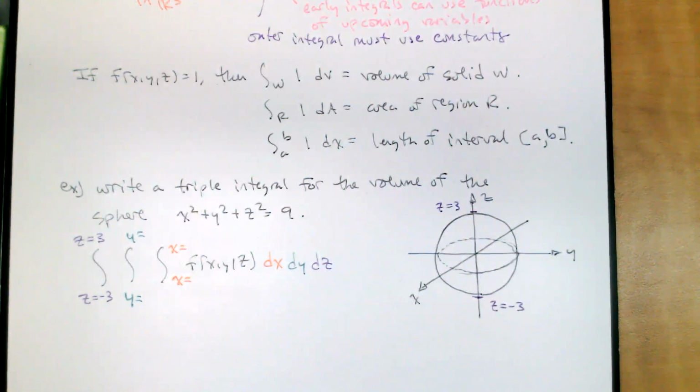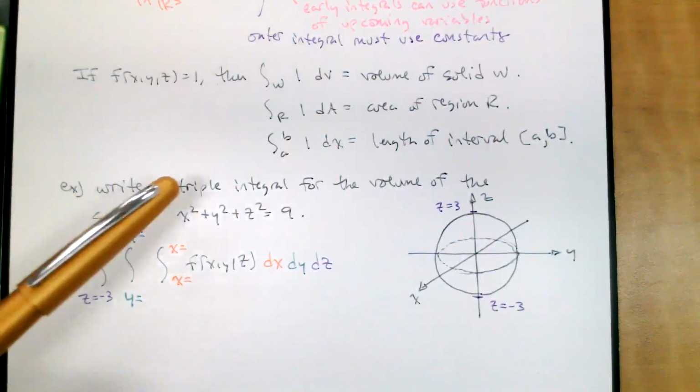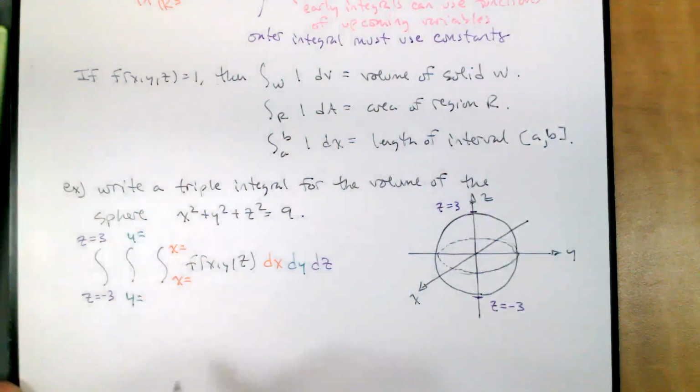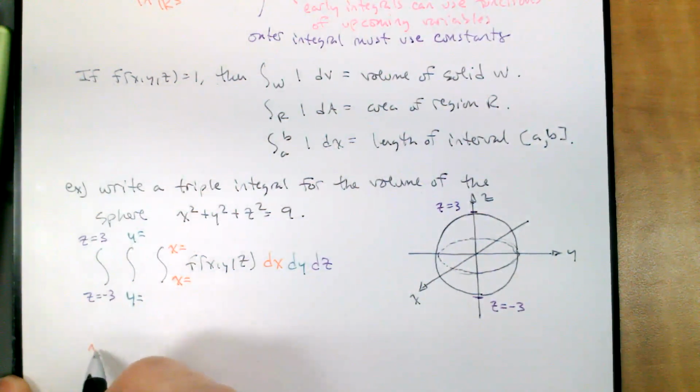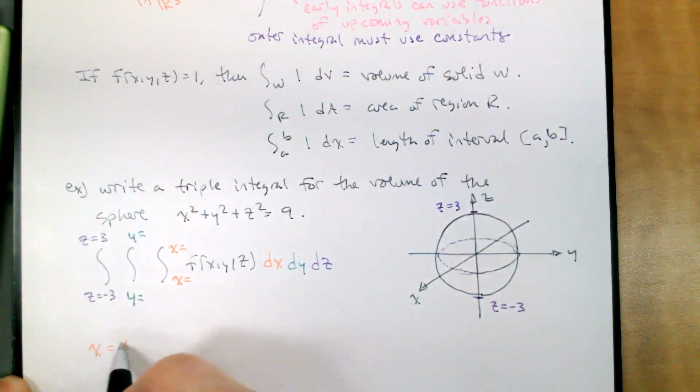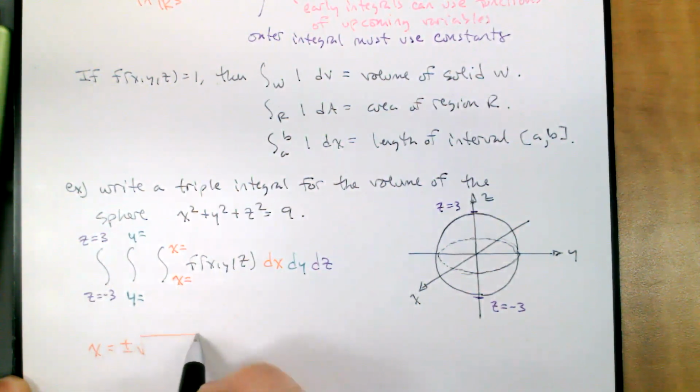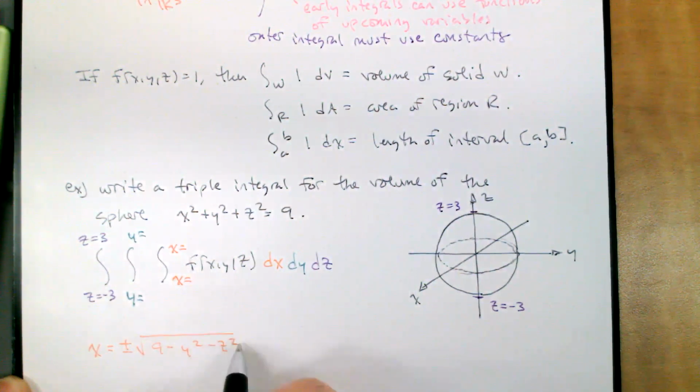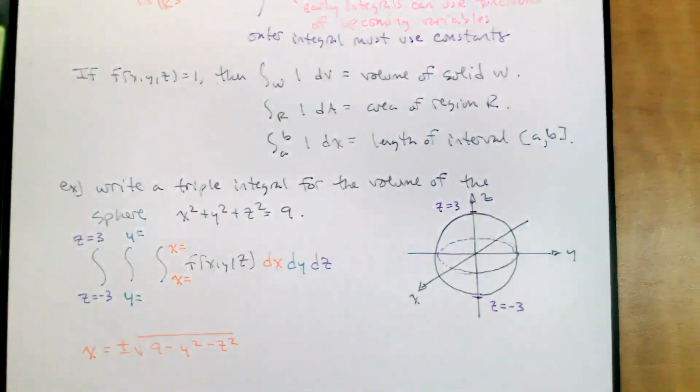So what are our values of x? For that, we can just solve our initial equation for x. So x is plus or minus the square root of 9 minus y squared minus z squared.